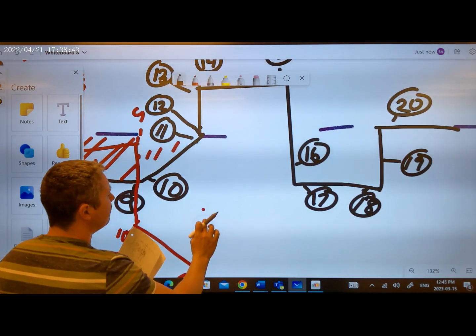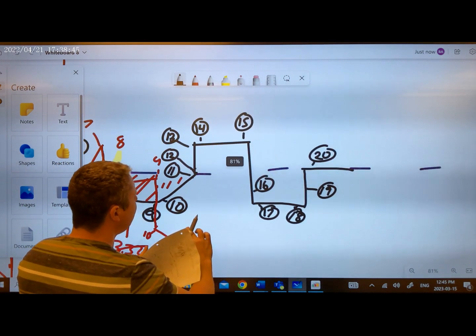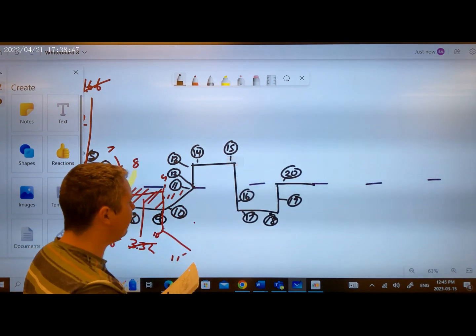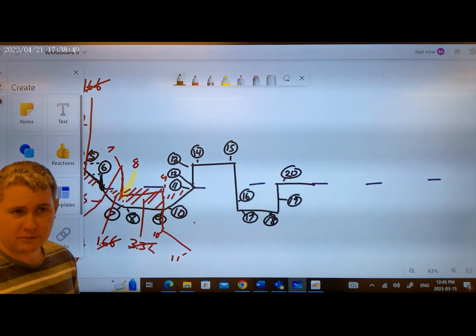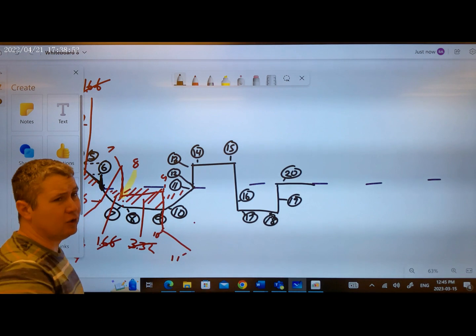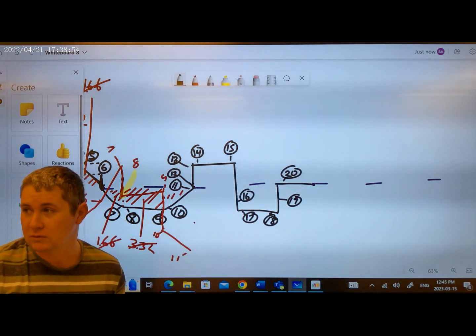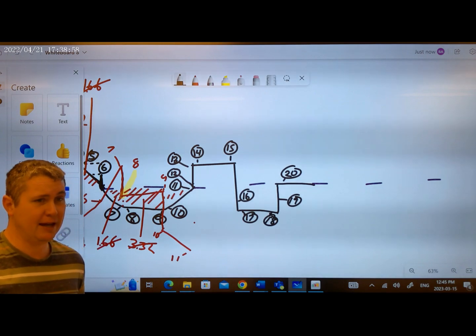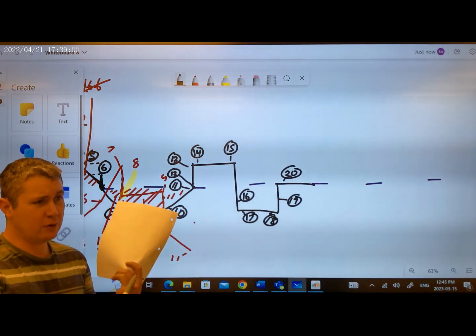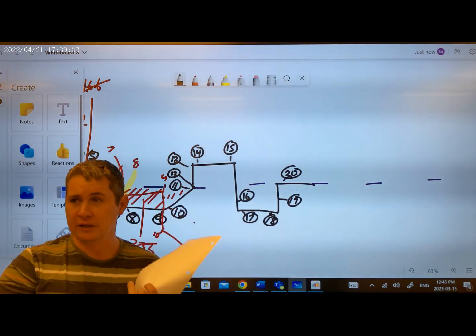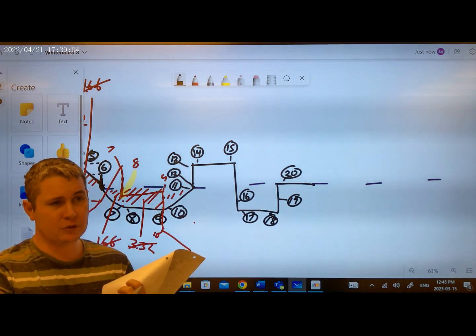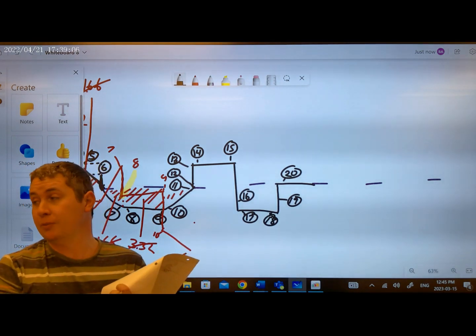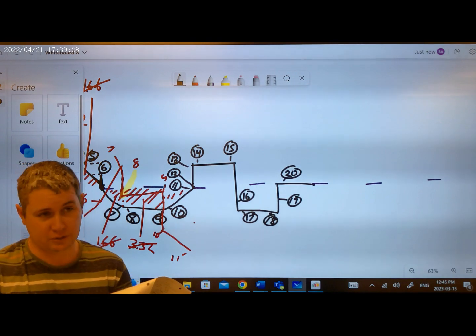Now, if we don't have derivative, and our integral has all canceled each other out, and the error is 0, let's think through that in our minds, what it should be without even doing the math. If there's no ramp rate, that means there's 0 derivative. If there's no error from your set point, that means there's going to be no proportional output.